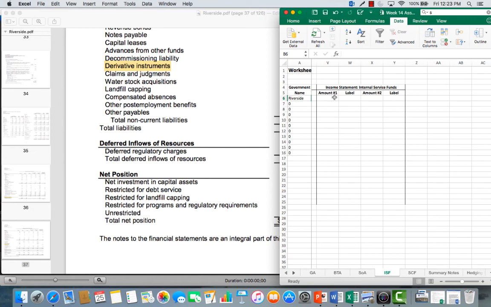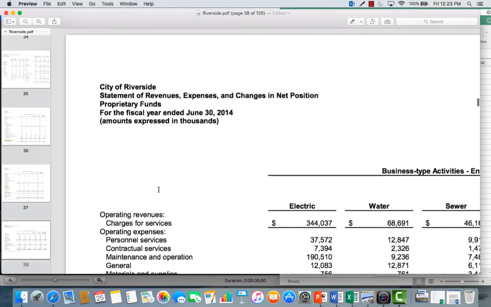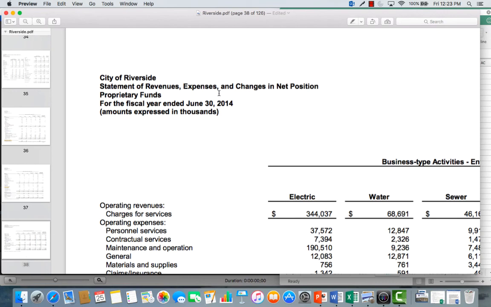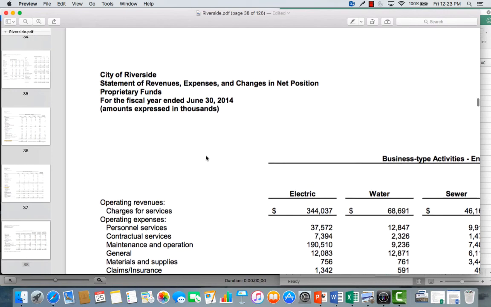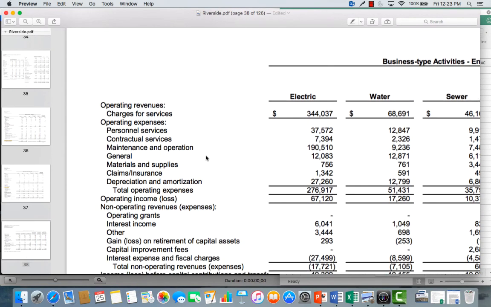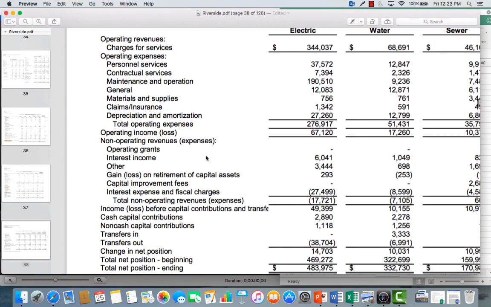Unlike the government-wide statements where we had separate tabs, there is on the same tab for internal service funds some columns related to the income statement, otherwise known as the statement of revenues, expenses, and changes in net position for the proprietary funds, to take a look at this to see if there's anything related to derivatives on here.